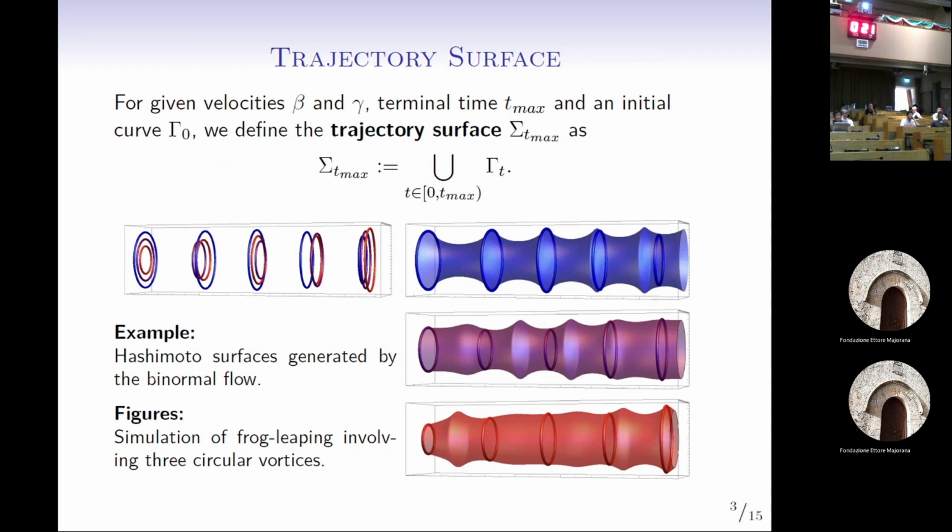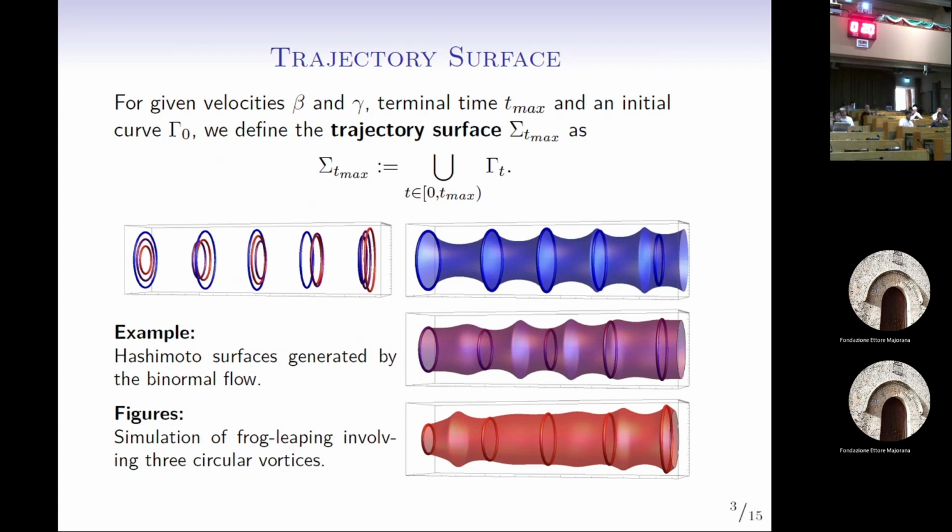So now what do I mean by the trajectory surfaces? These are just, as I said, trajectories of the flow. Here, as an example, I'm showing some simulations of three concentric vortex rings, which are sort of frog leaping, but in a more complicated way, as there's three of them.